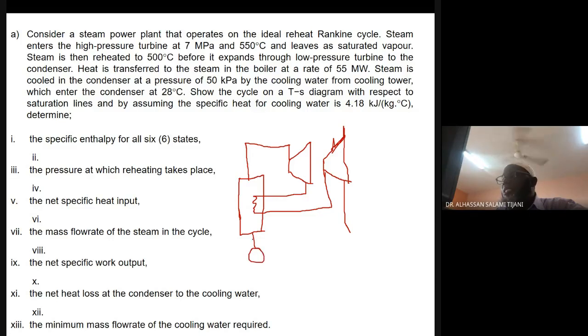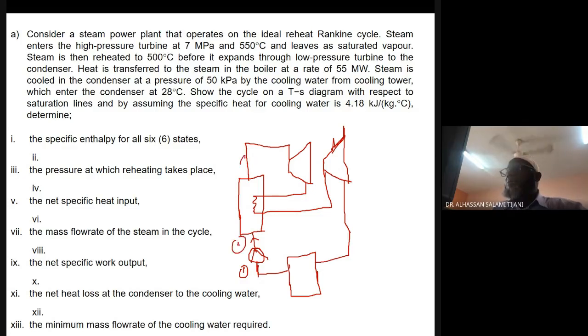So we'll say this is our pump. Okay, the pump is this. The fluid goes into the condenser, like this. So if we name this inlet to the pump to be our state 1, this is state 2.